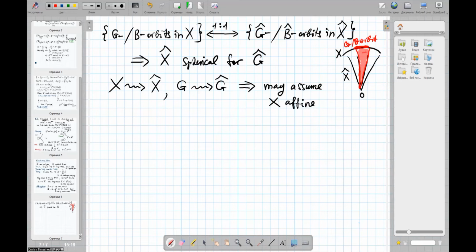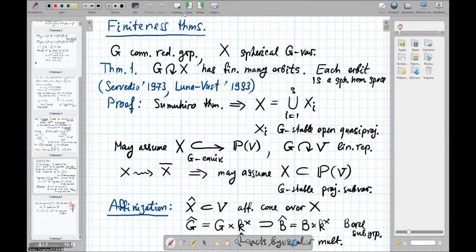And now it remains to prove the theorem in this case. Okay, any questions so far? So maybe let me say that it was the first part of the proof, which is the reduction to the affine case.